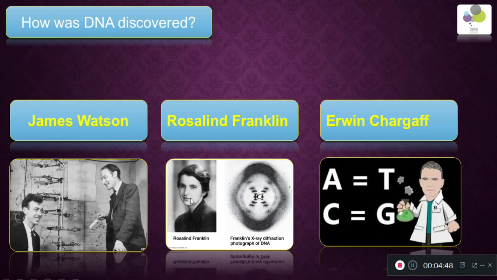We also have Rosalind Franklin. She took an X-ray image of the DNA. And we have one of the most important scientists, Erwin Chargaff. He found that the amount of adenine equals the amount of thymine, and the amount of cytosine equals the amount of guanine, and he named this rule the Chargaff rule.